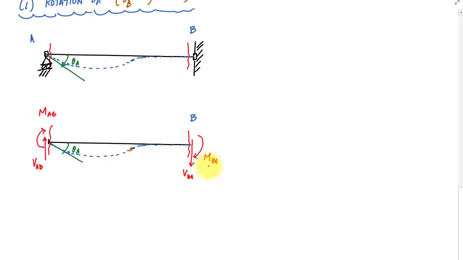Well, first, let's just go ahead and do an analysis where we just want to determine the shear and moment diagram. We're going to treat MAB and MBA as known values. And we'll have here, by equilibrium, I can solve for the end shears VAB and VBA.